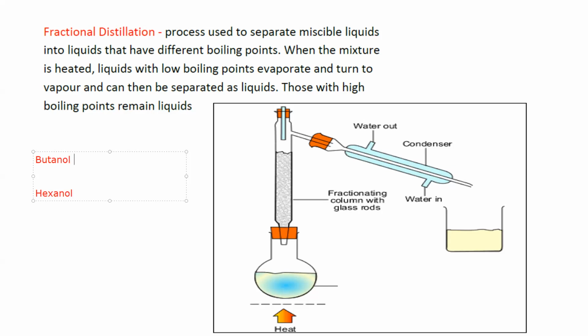For example, the boiling temperature of butanol is 155 and the boiling temperature of hexanol is 178. Now, which substance do we collect here as a distillate, butanol or hexanol? What will be the substance here as a distillate?